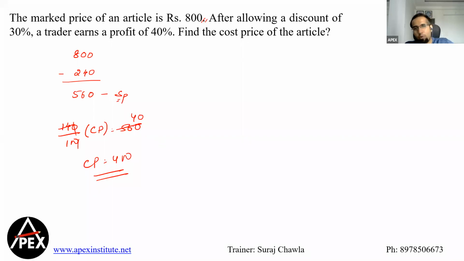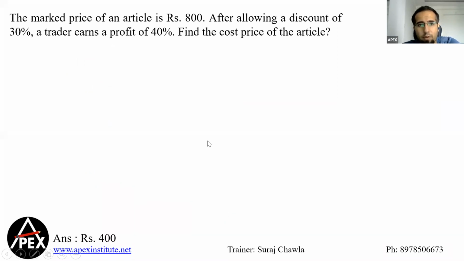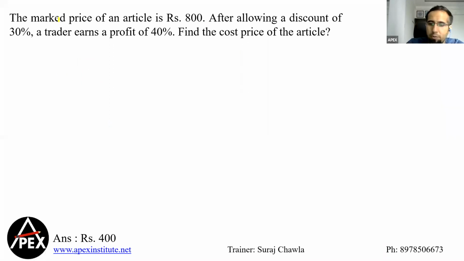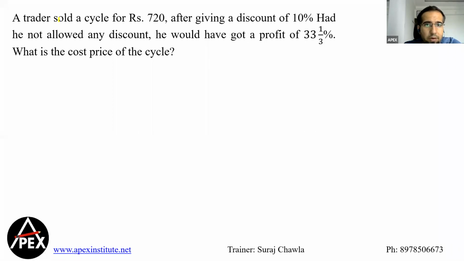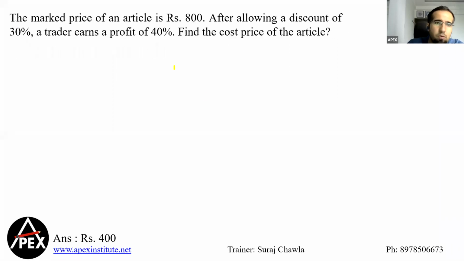Clear? Now suppose we assume that the first sentence is not given to us. After giving a discount of 30%, a trader earns 40%. What all can we get here, guys?